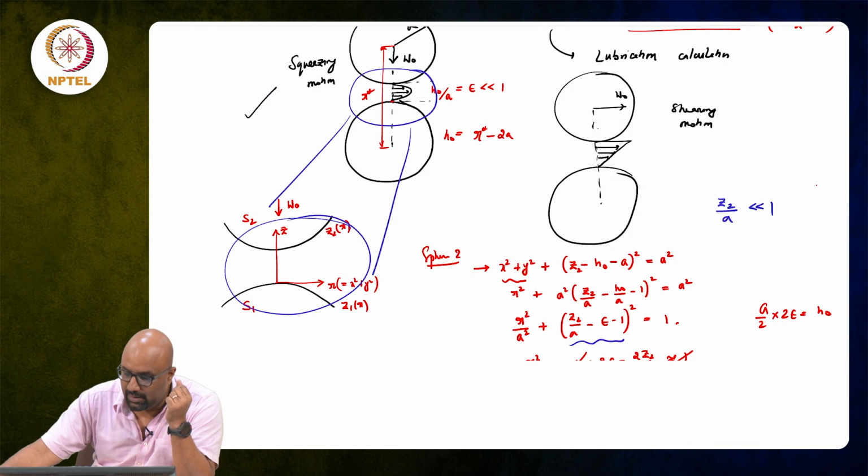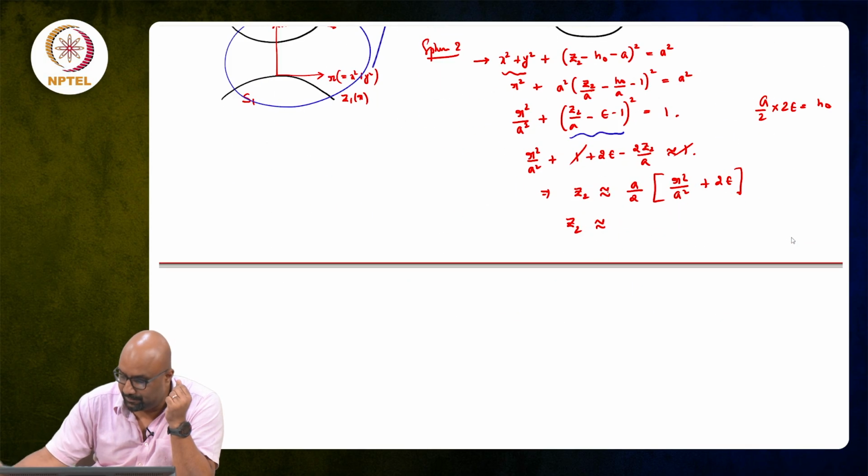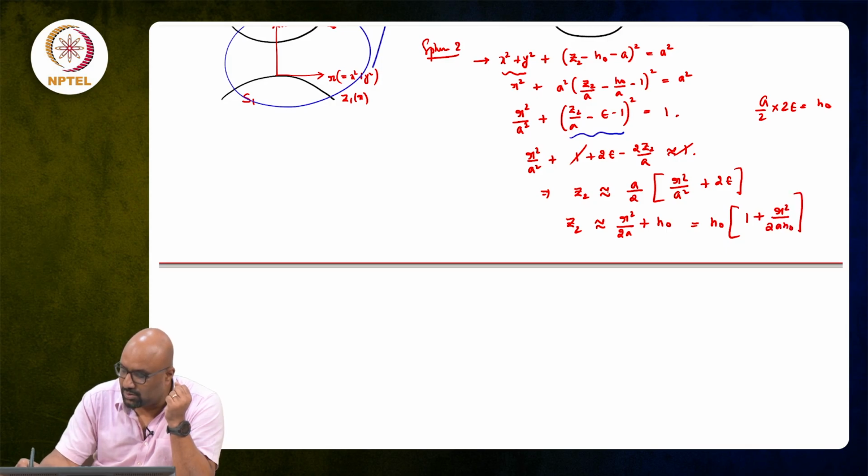You have to remember what is the definition, H naught is equal to A epsilon. So, this becomes R square by 2A plus H naught or H naught into 1 plus R square by 2A H naught.